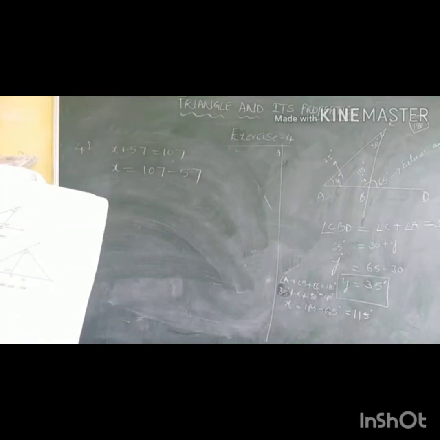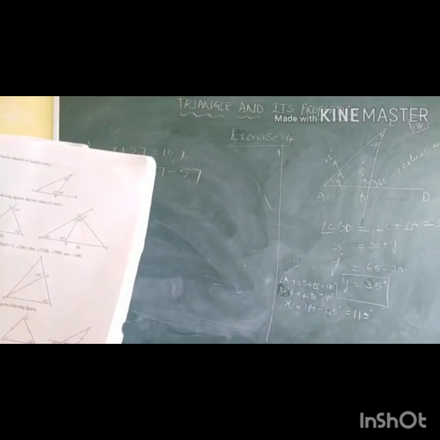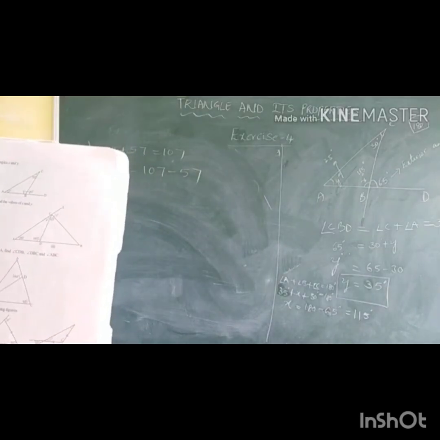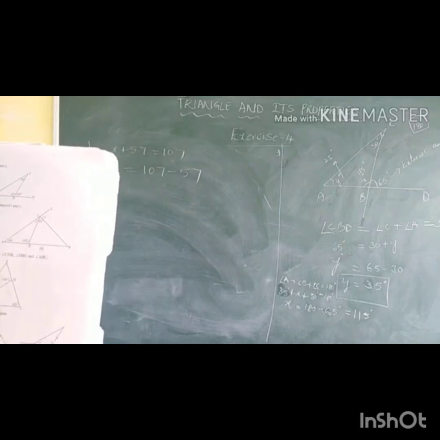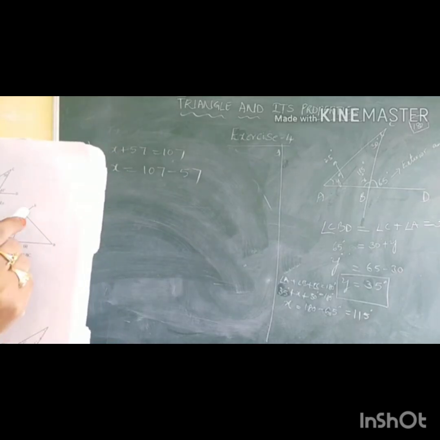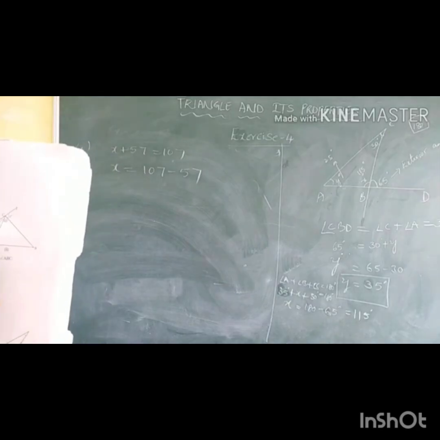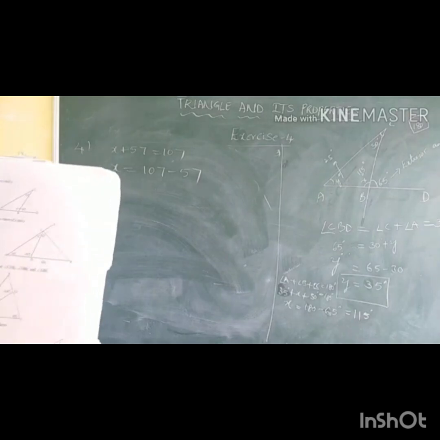Coming to the second question, find the values of x and y. Here observe the given picture. Angle A is 40 degrees, angle B they didn't give, angle C, see here, the exterior angle is y and the interior angle is x plus 65, and at angle D, 107 is given.